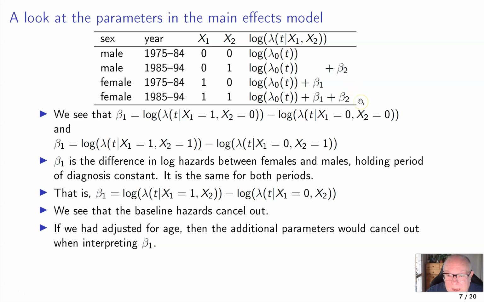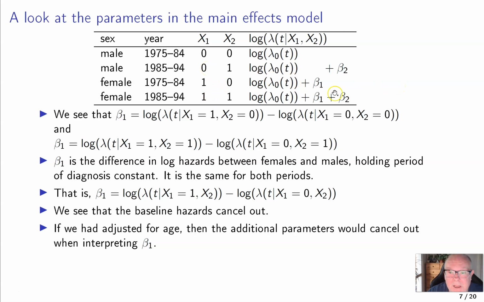But beta 1 is also this expression here minus this expression here. So this is the difference in the log hazard, for both of these two lines here, which are for the later period, where x2 is 1, between females and males.